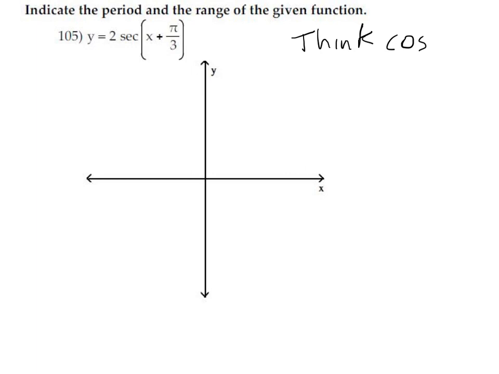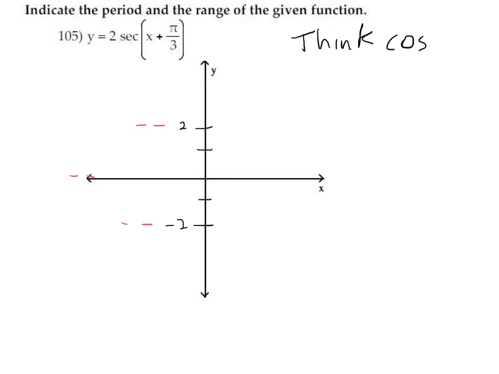If this were a cosine, it would start at 2, and then it would go down to negative 2. So it would alternate between negative 2 and positive 2. It would look something like this. Now I know it shifts over to the left pi thirds, so it would be more like this. But that's what the cosine would do.